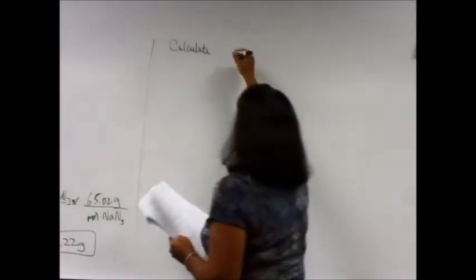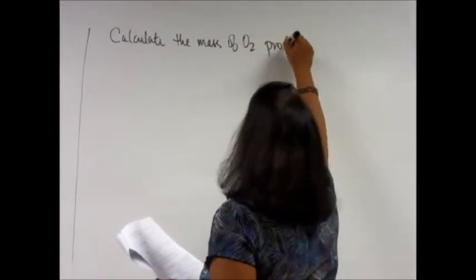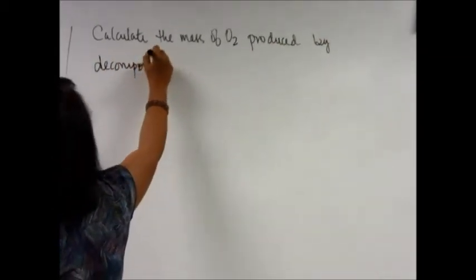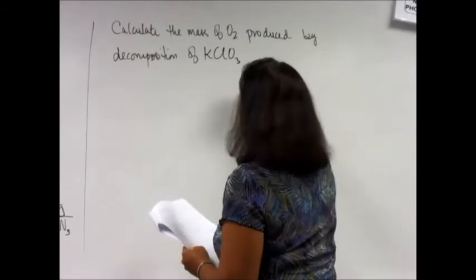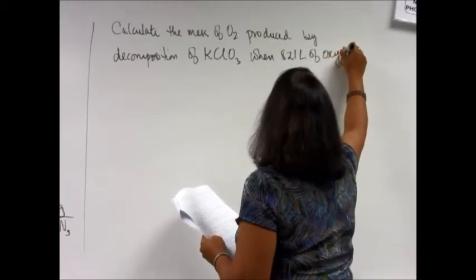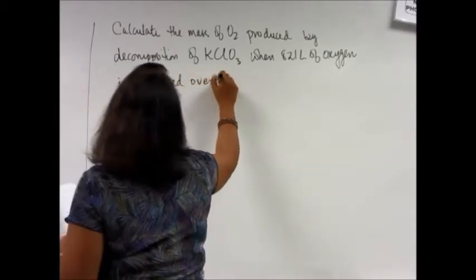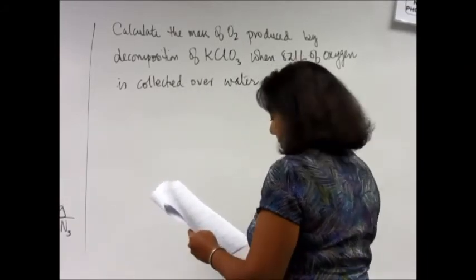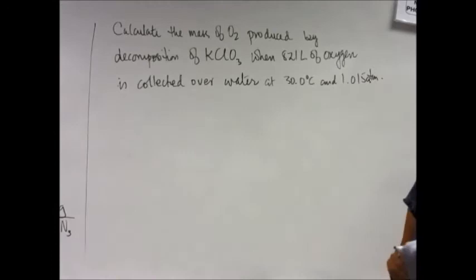Calculate the mass of oxygen produced by decomposition of potassium chlorate, KClO3, when 821 liters of oxygen is collected over water at 30.0 degrees Celsius and 1.015 atmosphere.